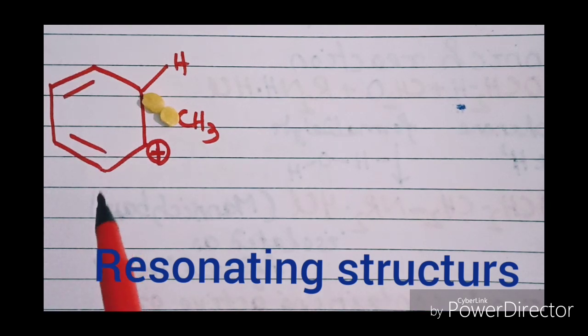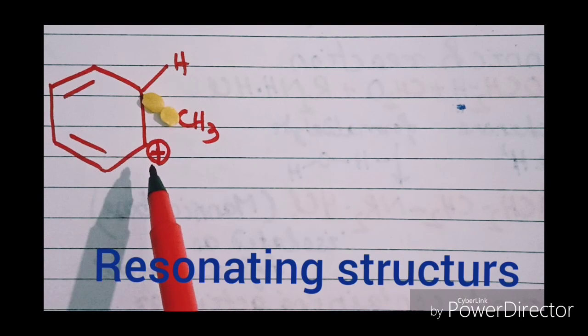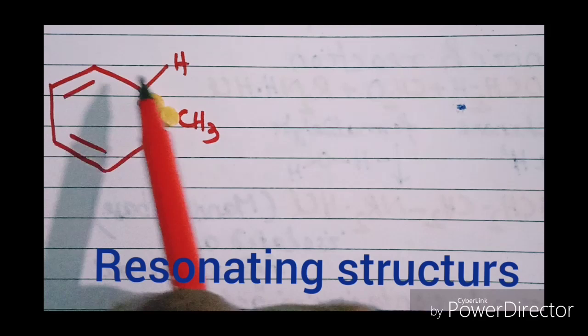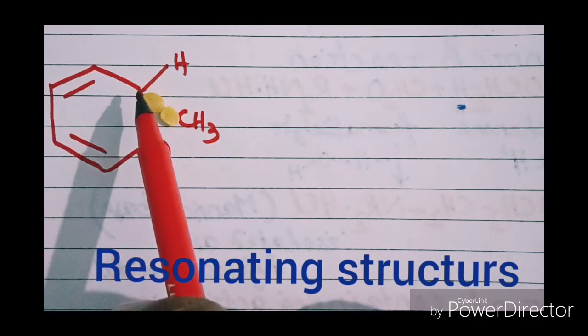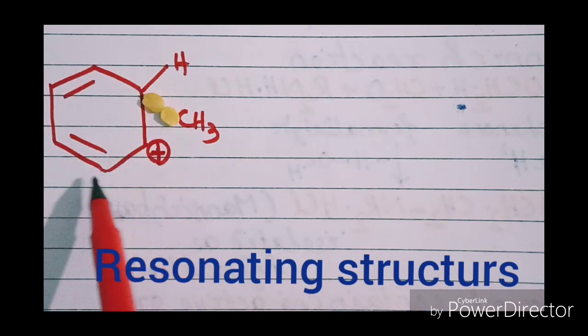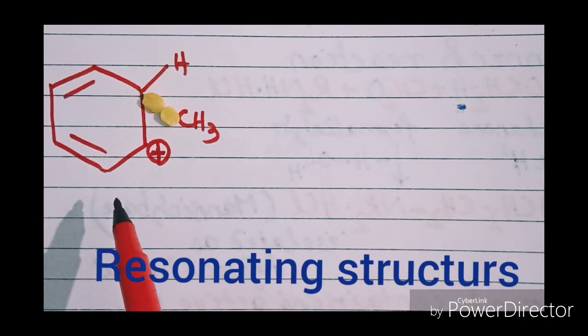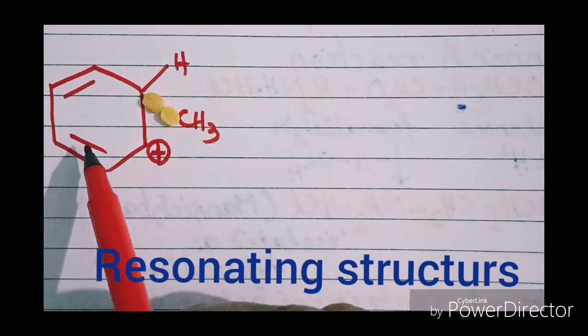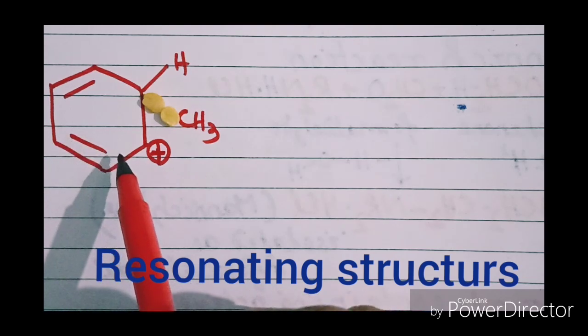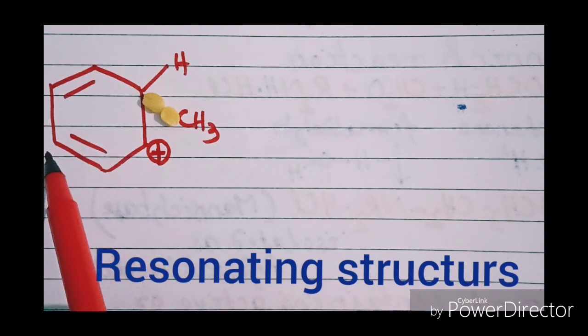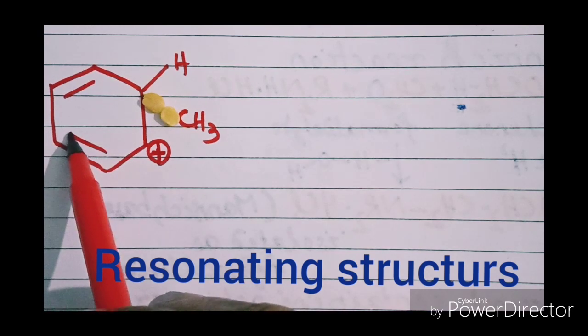This pi bond will be shifted to this side, and this carbon will get positive charge because this carbon will lose this electron.